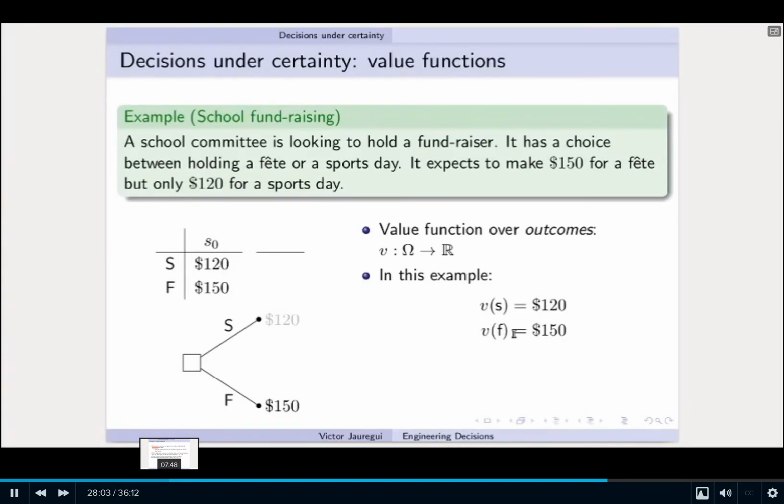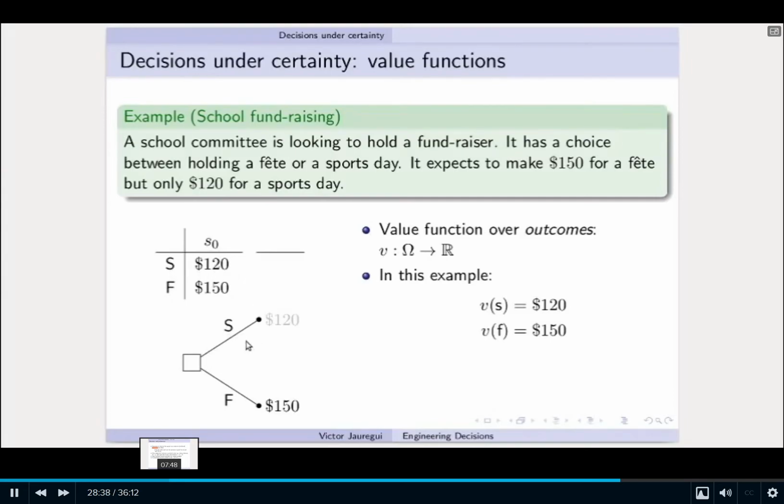So let's suppose that a fete would raise 150 and a sports day would raise 120. Well, then our table looks like this once we introduce our preferences, right? So the value we assign to an outcome, in this case, is just determined by the amount of money raised, so 150 for a fete, 120 for a sports day.